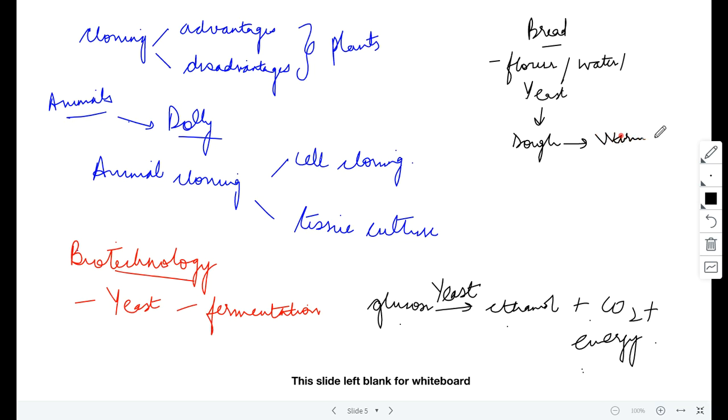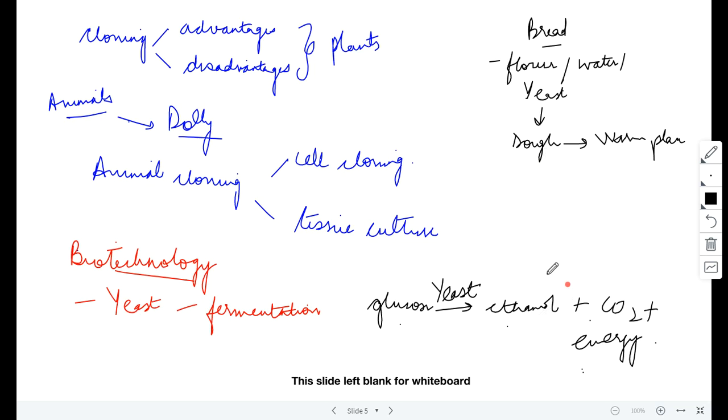The yeast acts on the dough, and the carbon dioxide starts releasing, right? When it is released, it causes bubbles and the dough rises up. This dough is then baked, and then what do you get?